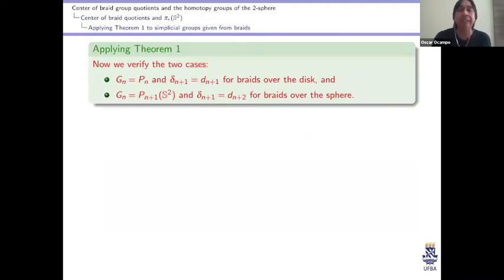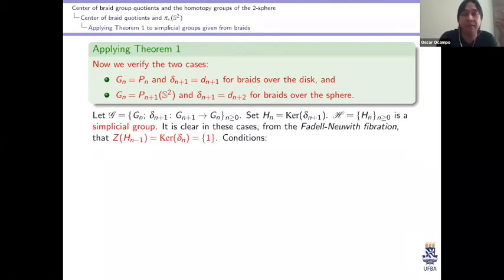Well, so the idea now is to apply the technical Theorem 1 in these two cases. The first case is for the pure braid groups over the disk. And the second case is the pure braid groups over the sphere. So if we want to apply Theorem 1, we need to check some information as follows.